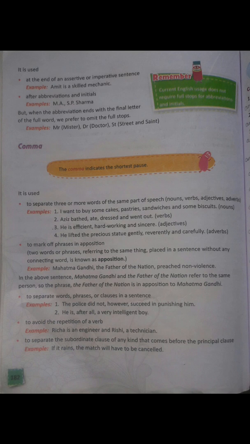Example, Mahatma Gandhi, the father of the nation, preached non-violence. Here you can see Mahatma Gandhi and the father of the nation refer to the same person. Right, so the father of the nation is in apposition to Mahatma Gandhi, right?